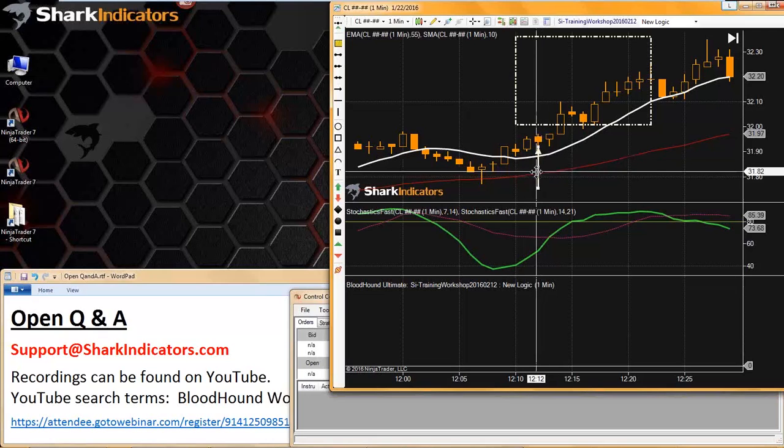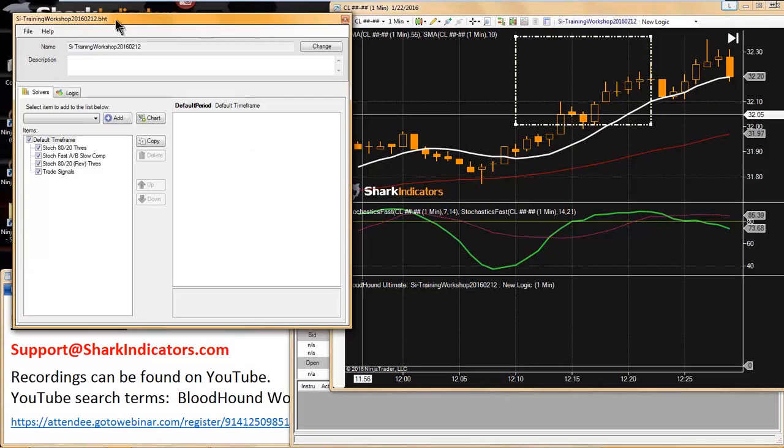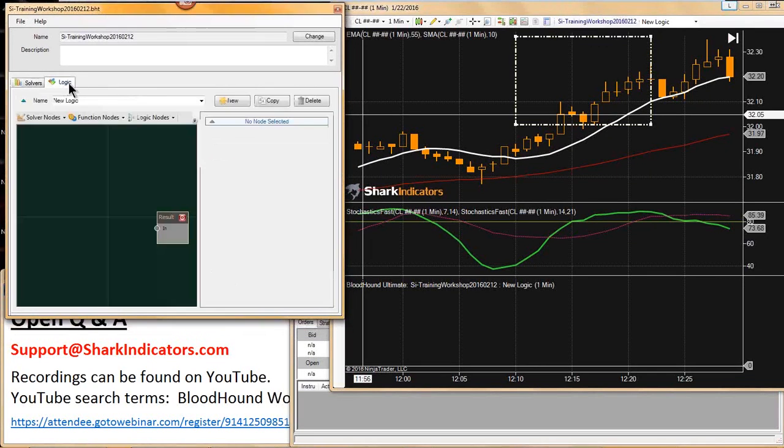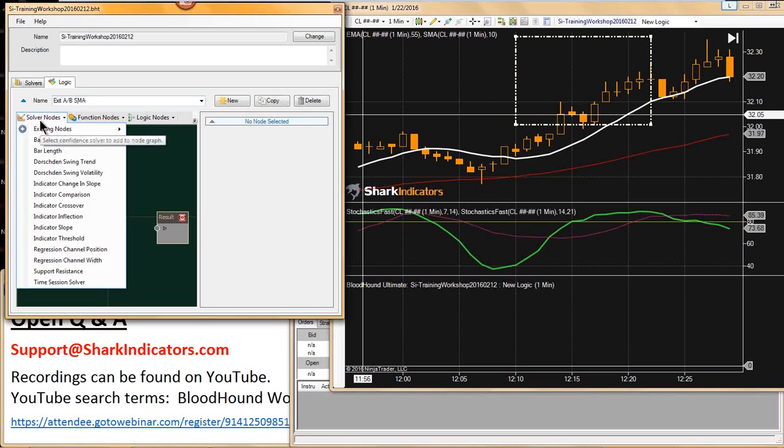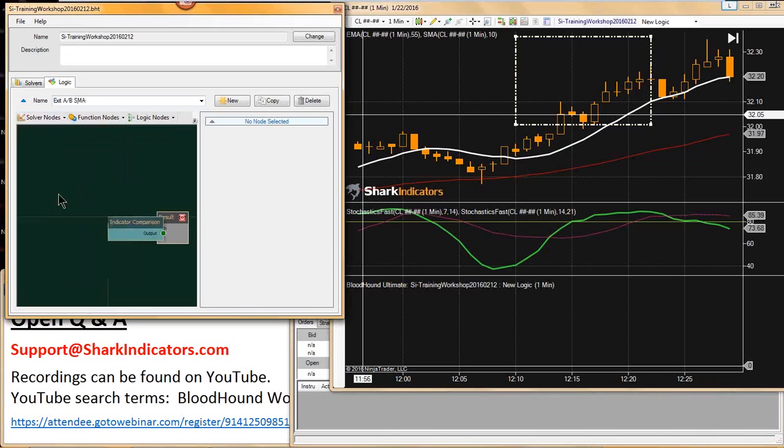Okay. All right, let's get this open here. All right, so we're going to generate an exit above or below an SMA. To do this, we're simply going to use a comparison solver.